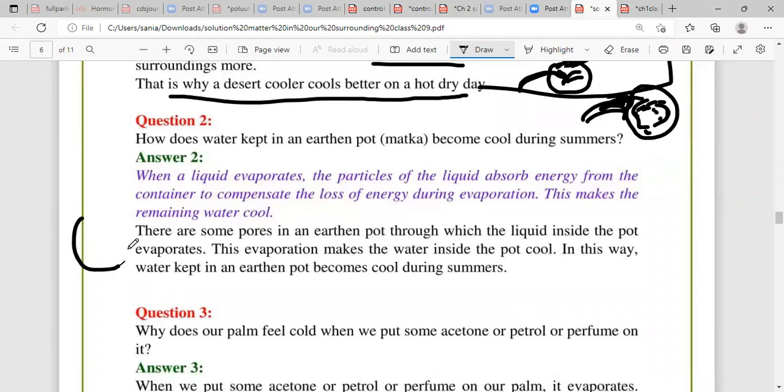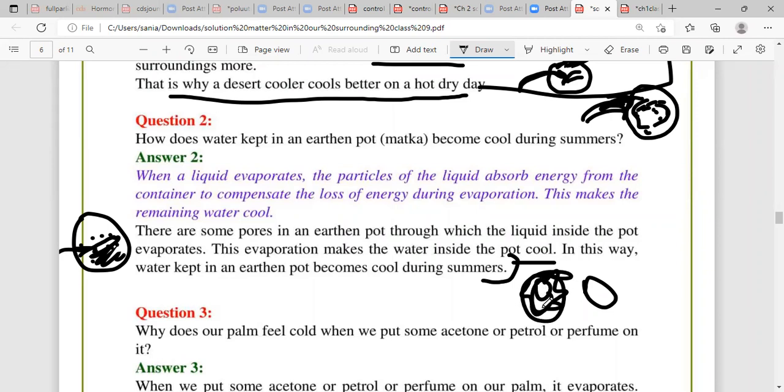So the liquid inside the matka, the water, evaporates through these pores, and this evaporation makes the water inside the pot cool, because when you evaporate, the surface becomes cooler, right? In this way, water kept inside the earthen pot becomes cool during summers. This only happens during summer. Why? Because evaporation takes place when there is sun, when there is warmness in the summer season. Okay, so you will write from here.